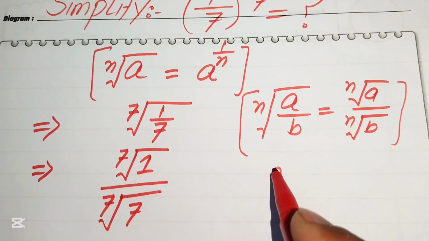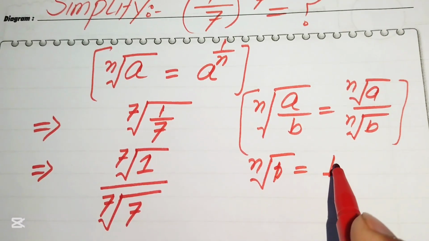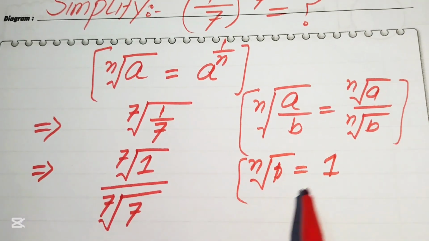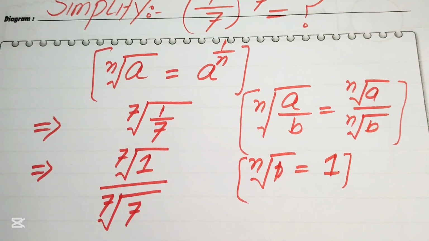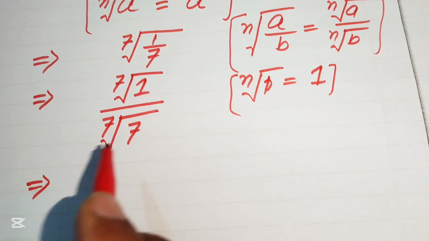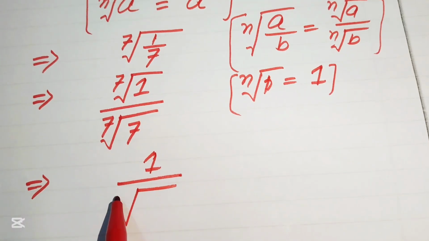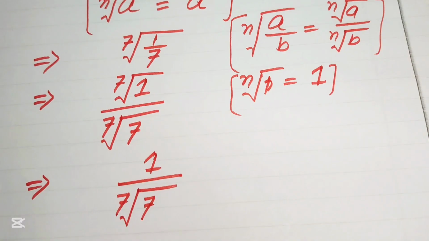Here we know that the nth root of 1 equals 1, so the seventh root of 1 is also equal to 1. So we write this expression as 1 divided by the seventh root of 7.